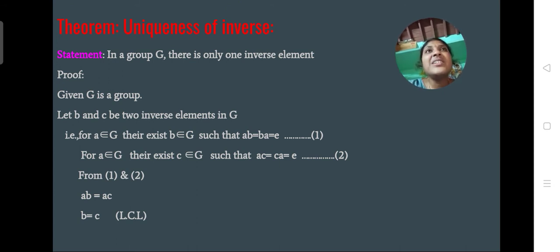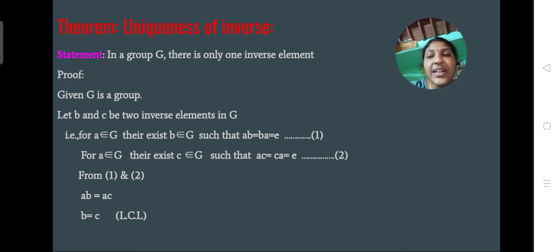So the inverse of 3 is 1 by 3, only one inverse for that element. The inverse of 3 is not two elements. But here we have to prove that in any group there is only one inverse element. For that, let G be a group. Now we have to prove that in any group there is only one inverse element.